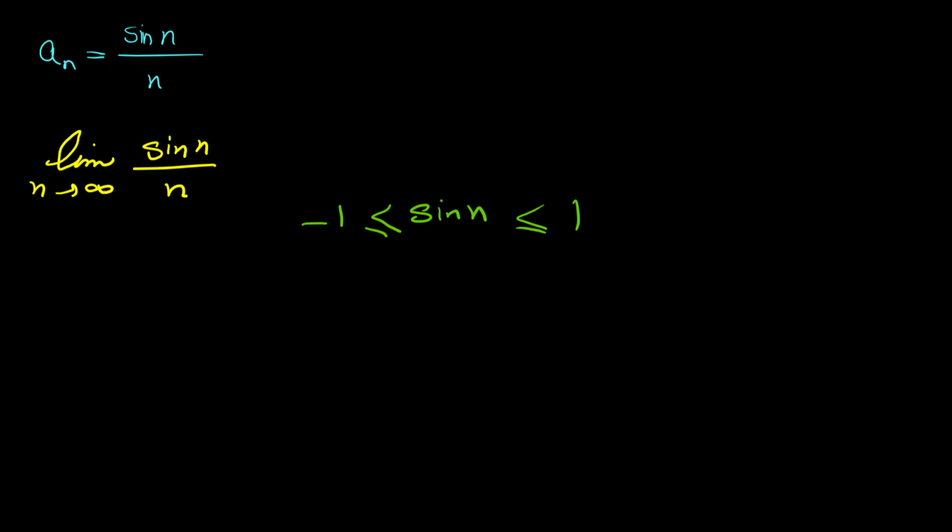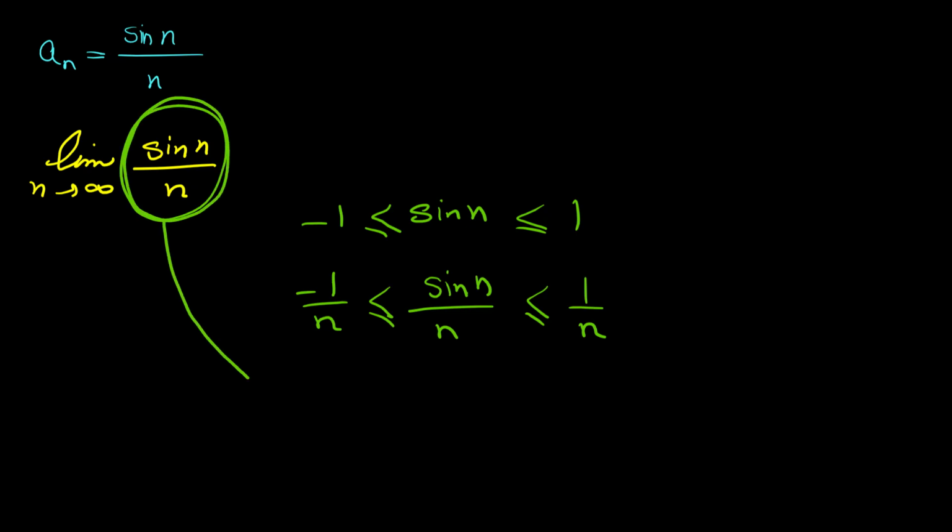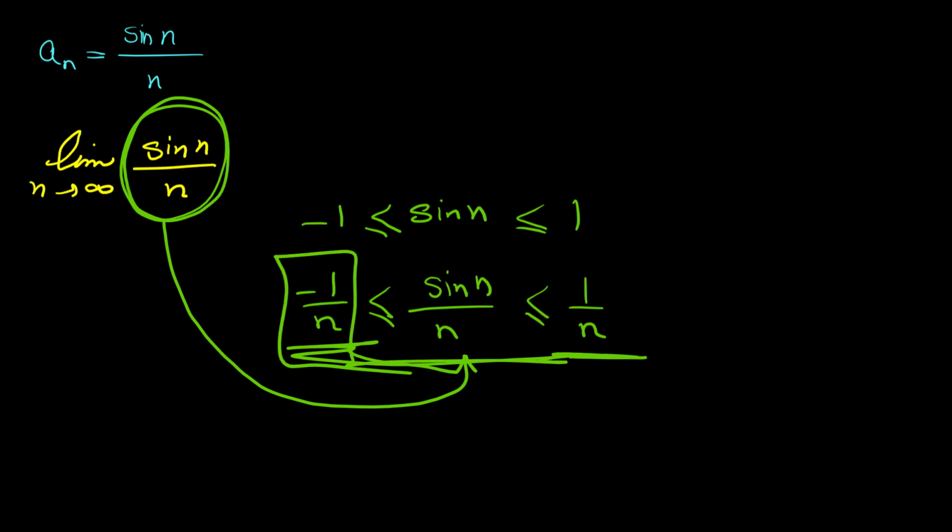If we divide everything by n here, then we have -1 over n, sine n over n, and in the right side we have 1 over n. Now look at this. This complicated expression now is between two simple expressions.